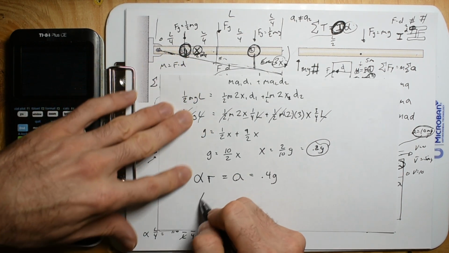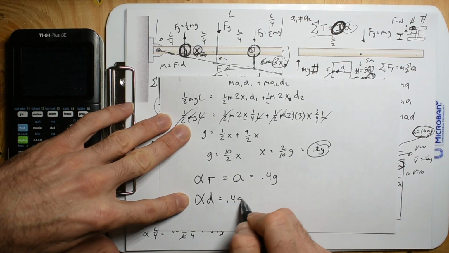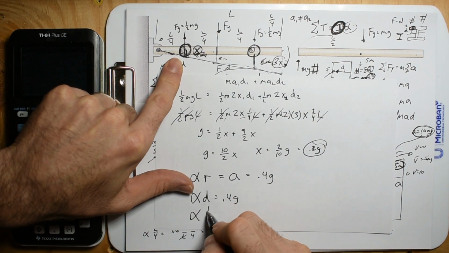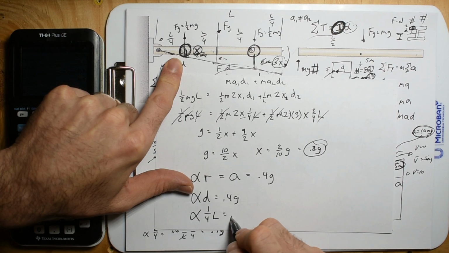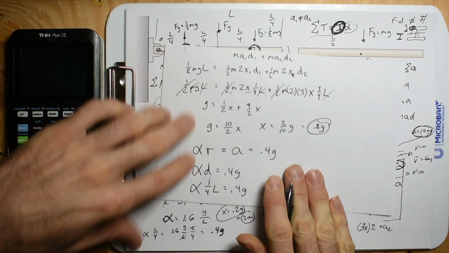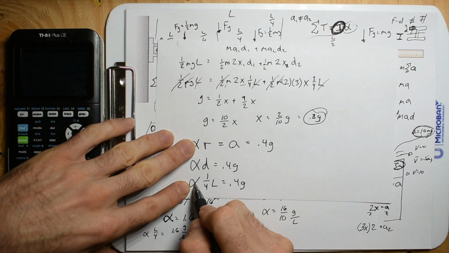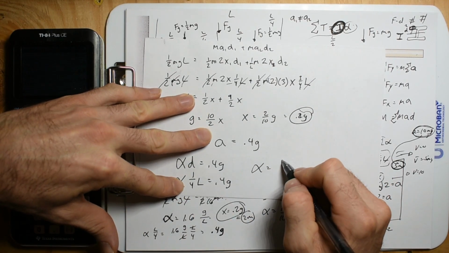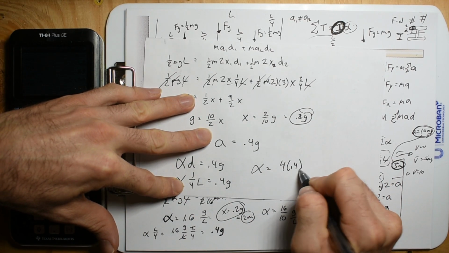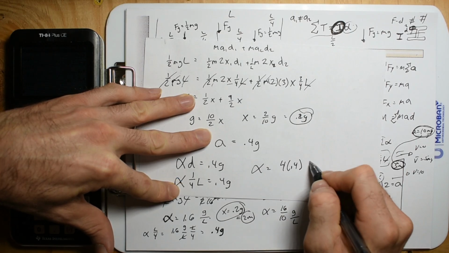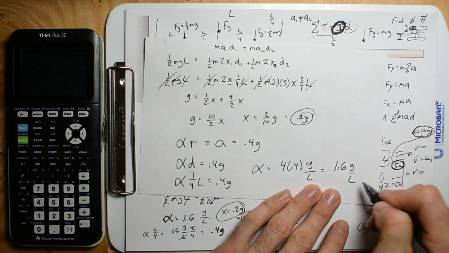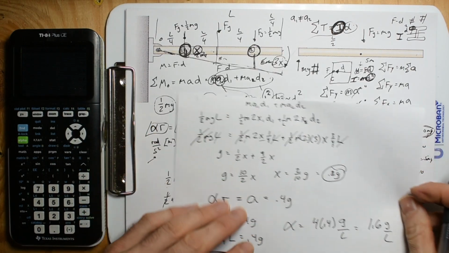This r is going to be alpha d is equal to 0.4 g. So that d is 1/4 L times 0.4 g. And to solve for this angular acceleration, we're going to have 4 times 0.4 g divided by L. So that's going to be 1.6 g divided by L. So yeah, cool. Just another way to get there.